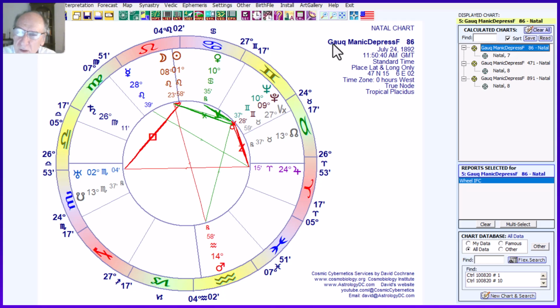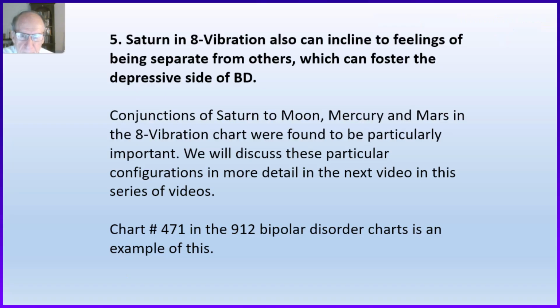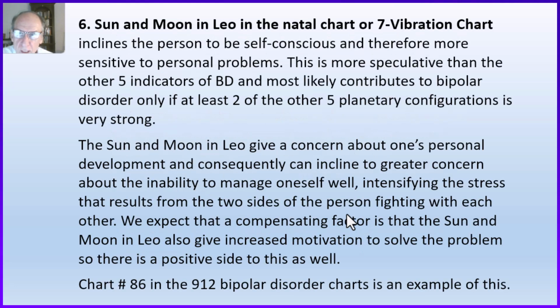Why would Sun and Moon in Leo make those bipolar tendencies? If you have bipolar tendencies, Leo can make it worse. Why? Well, let me read from the slide so you can see the words as I describe it. The bottom paragraph here, this long paragraph.